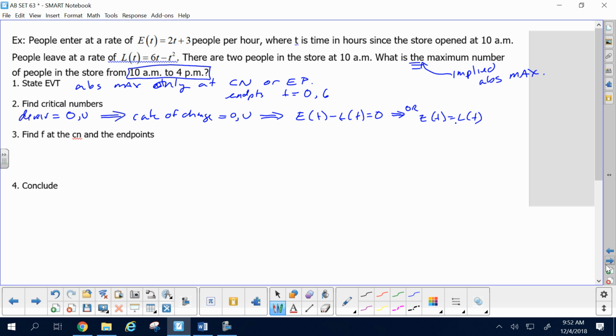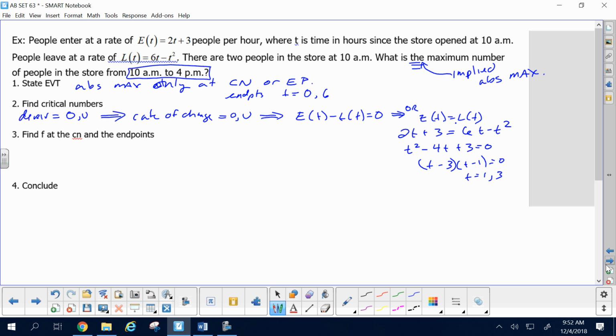I need to then find where 2t plus 3 equals 6t minus t squared. Now, if this were a calculator problem, those functions are often going to be messy and you use your calculator to find those intersection points. But because I made the problem so super clean, I think you should be able to solve this by straight up algebra. I'm getting t squared minus 4t plus 3 equals 0. So (t minus 3)(t minus 1) equals 0.